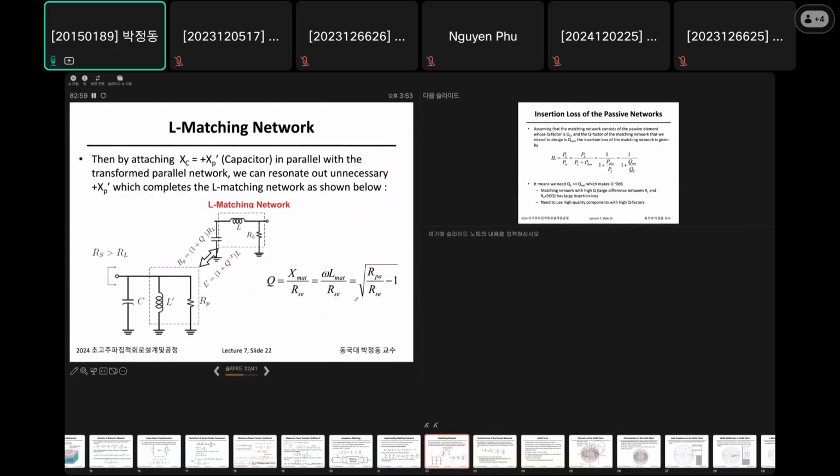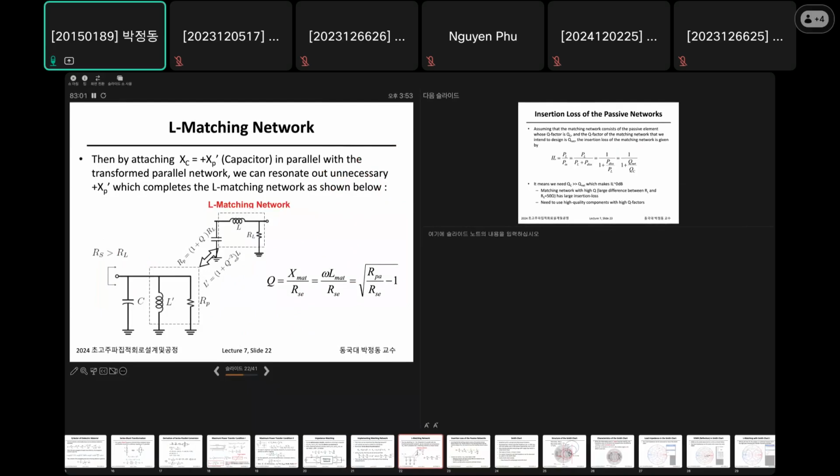So this is an example, okay? I want to convert RL to RS. Here RL is 10. Let's say RS is 50, okay? So in this case, RS is larger than RL, right?